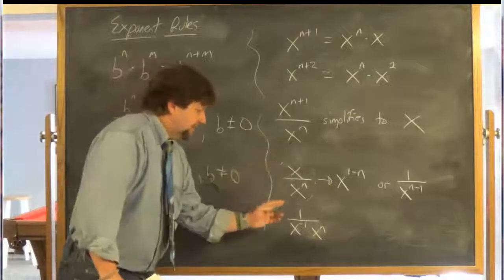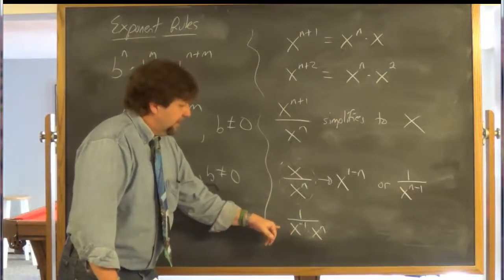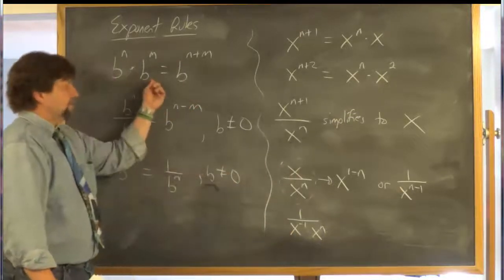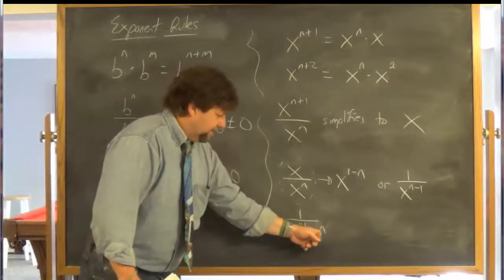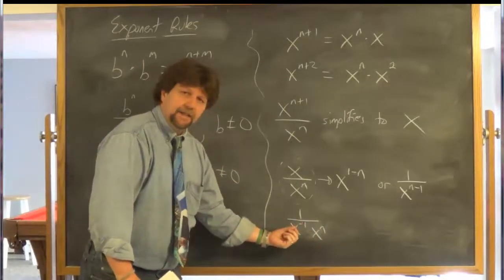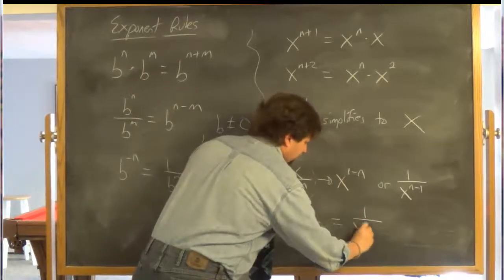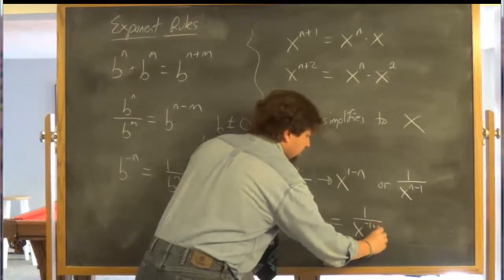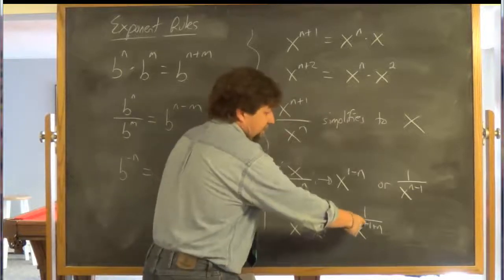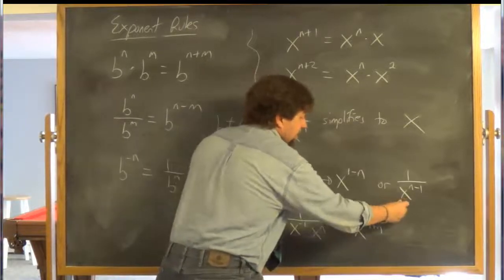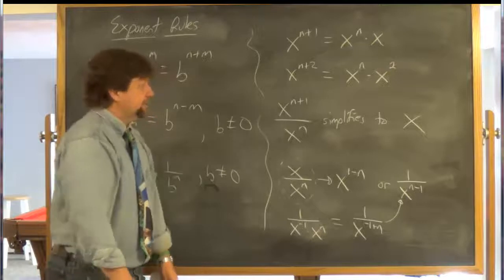So you can move it to the denominator, you have this, and then you can use this rule. You're in the denominator, the bases are the same, and you're multiplying, add the exponents. So that would give you 1 over x to the negative 1 plus n, which another way of writing negative 1 plus n is n minus 1.